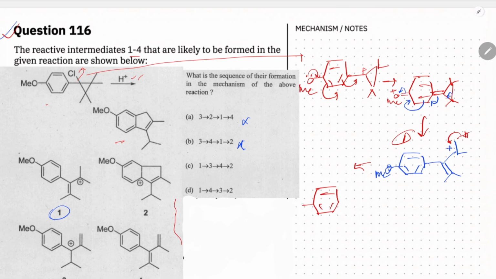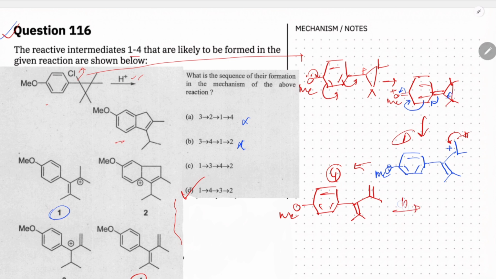This is OMe, and this. So this resembles 4. So 1 and 4, this option is possible. Option D is correct. So let's see the whole mechanism.